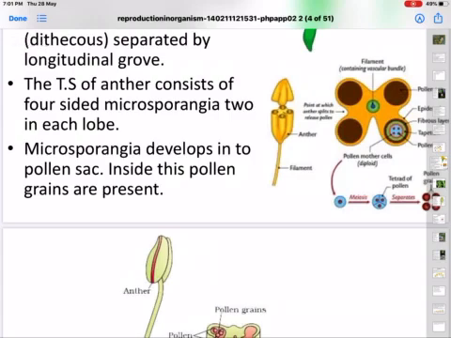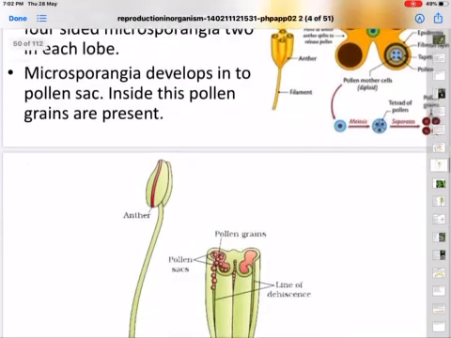So the anther is bilobed, and the pollen sac contains pollen mother cells. Pollen mother cells are always diploid. So the PMCs, pollen mother cells, undergo meiosis and form tetrads of pollens.